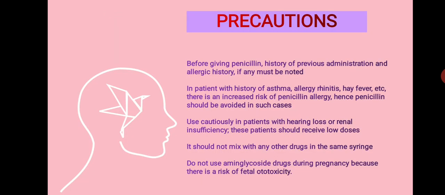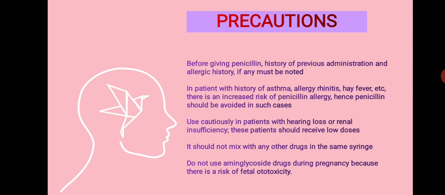For the precautions, before giving penicillin, history of previous administration and allergic history should be noted. In patients with a history of asthma, such as allergic rhinitis and hay fever, penicillin should be avoided because there is an increase of penicillin allergy.